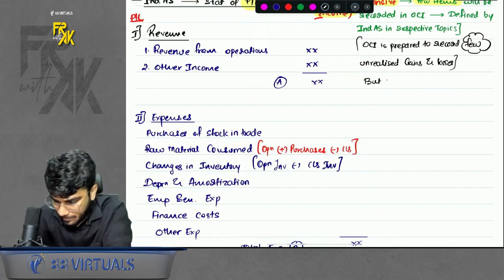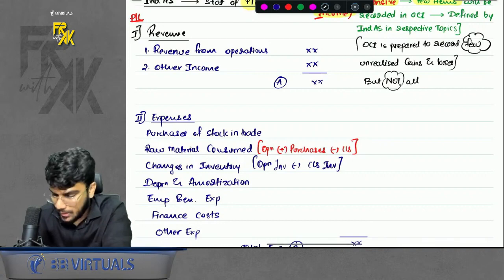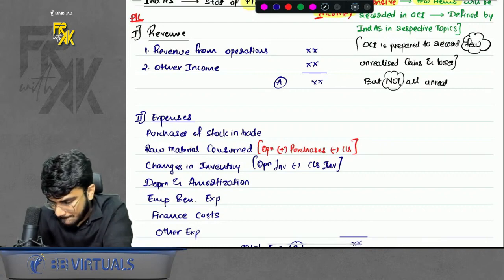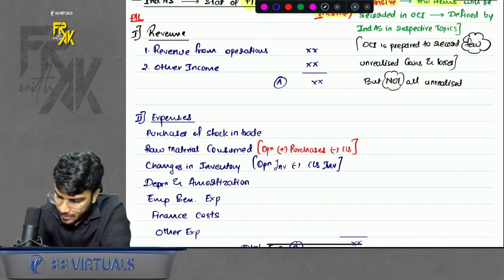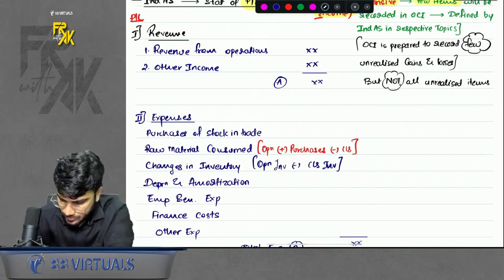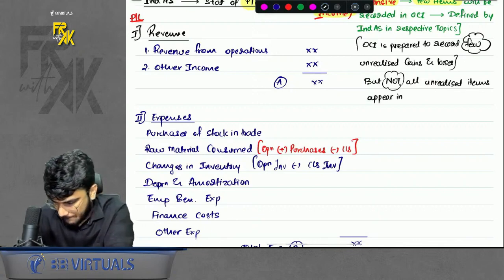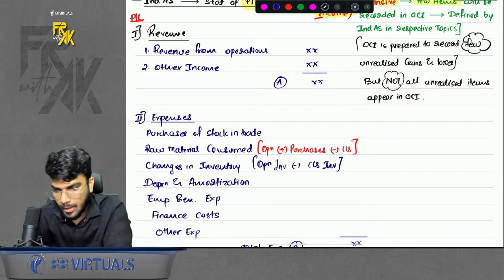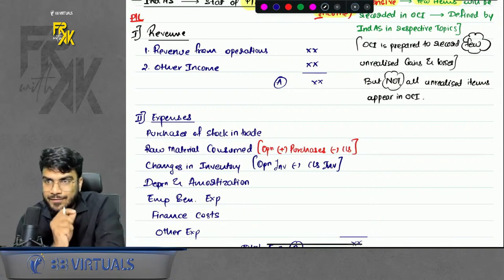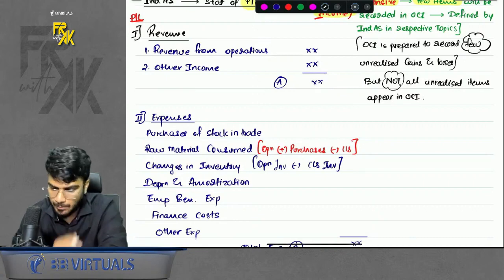But not all unrealized items appear in OCI. This is a very important point which you need to remember.